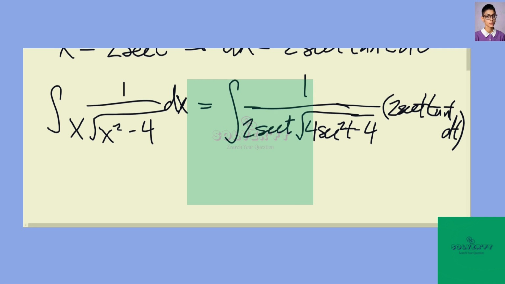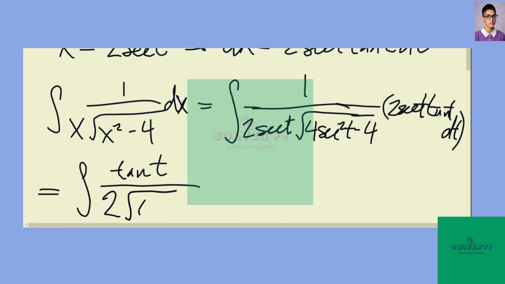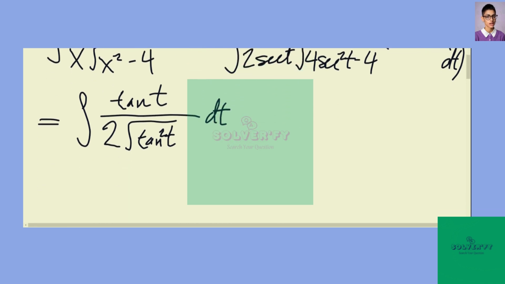At this point, the secant t's cancel out. We have the integral of tangent t over, and then in the denominator, the 2's also cancel out. We have the square root of 4 times secant squared t minus 1. This is the same as tangent squared t, so this is really 2 times the square root of tangent squared t dt, using trigonometry.